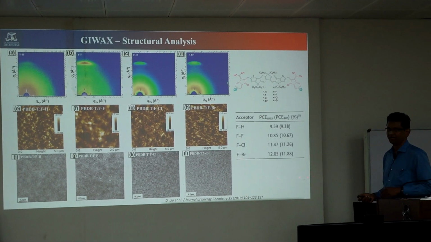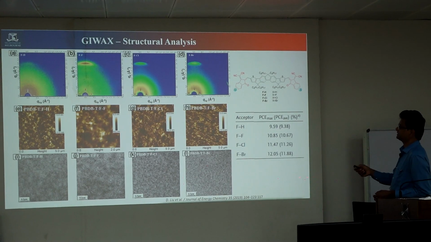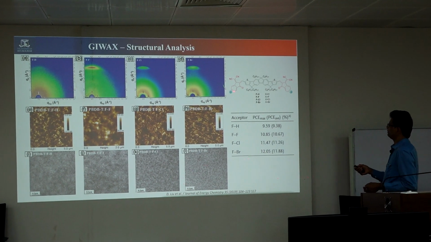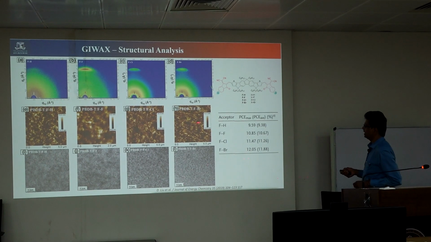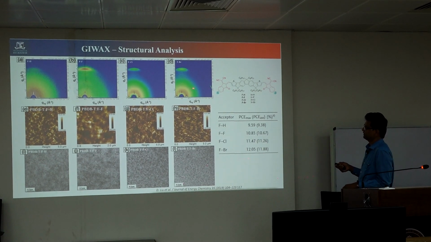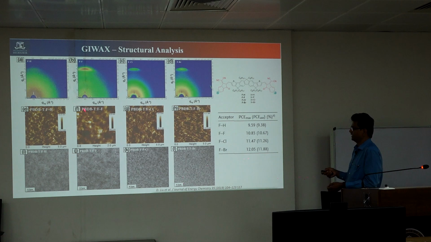Now I am giving a little bit of comparison about how these GIWAXS and structural things are there. This molecule is BDT, the FEH based molecule, and this top is GIWAXS, the middle is atomic force microscope, and the bottom is TEM. So we can say this is the nanoscale phase arrangement.